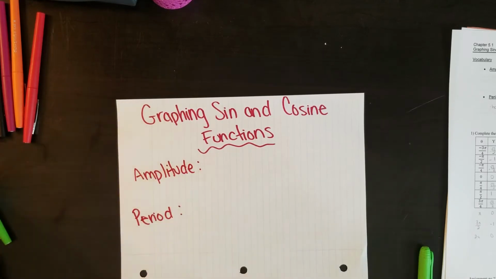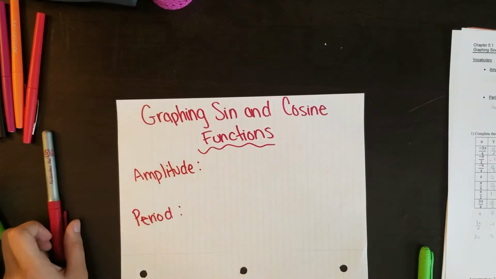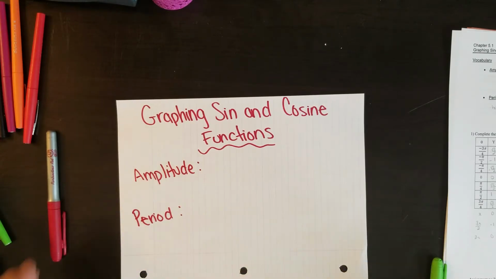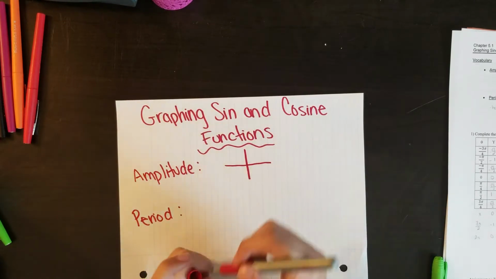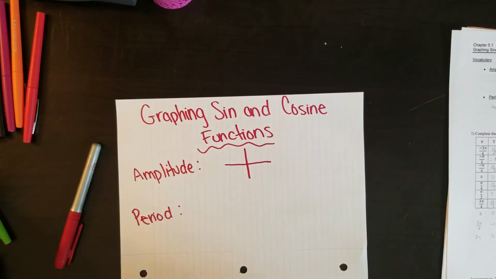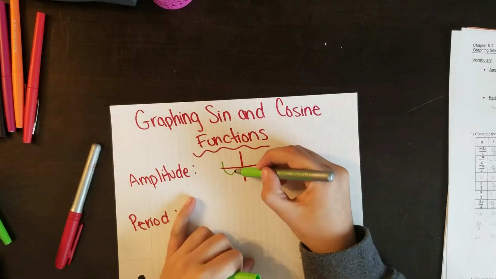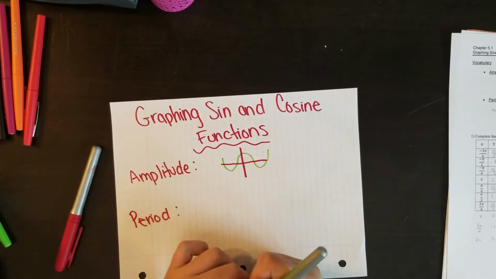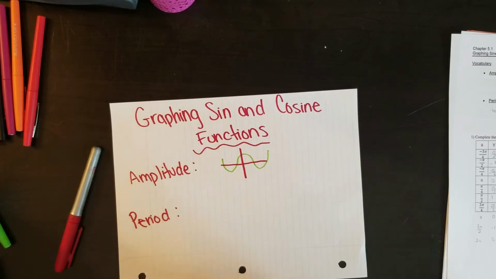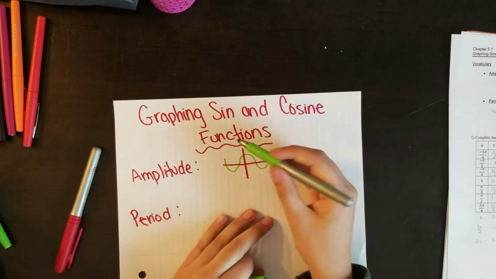So the amplitude of a graph is your vertical distance from the median to the max, or a median to a min. So if I drew out a graph, and the graph looked like this, to measure my amplitude, I would go from the median to a max point. So in this case, your median is your middle point.